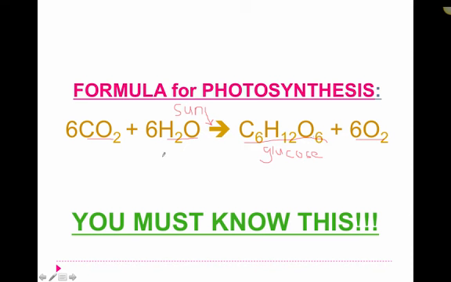Keep in mind what this formula stands for. It's my photosynthesis formula. You must know this formula. You must be able to produce it. It will not be a multiple choice question on upcoming quizzes and tests. So remember, 6 carbon dioxide and 6 water with sunlight go into the reaction.